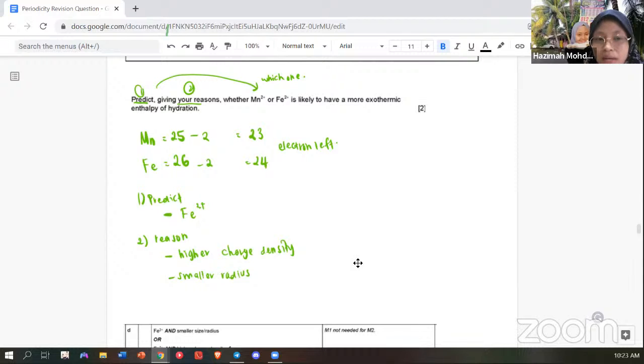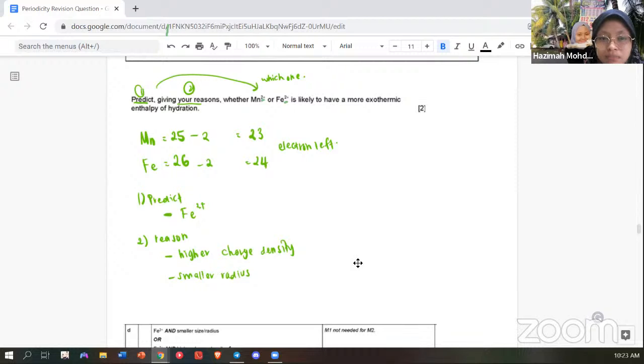Sebab kita tahu from data booklet yang Mn ni dia ada 25 elektron. Fe dia ada 26 elektron. Kemudian 2+ ni meaning dia buang 2 elektron. Jadi elektron left bila dia buang 2 elektron untuk Mn dapat 23. Fe pula bila dia buang 2 elektron dapat 24.